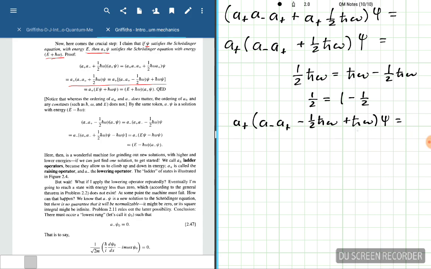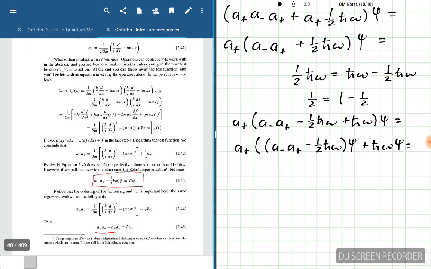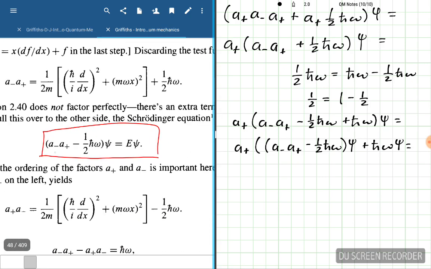Let's go ahead and just distribute out that psi so I can get it in the same format. So I'm going to have a minus times a plus minus 1/2 h bar omega all times psi plus h bar omega psi. I did that so I could have this format in here.